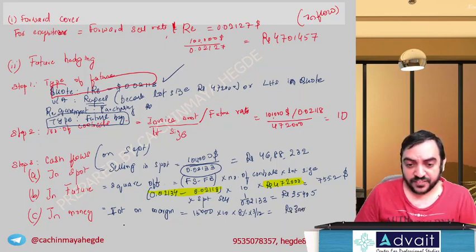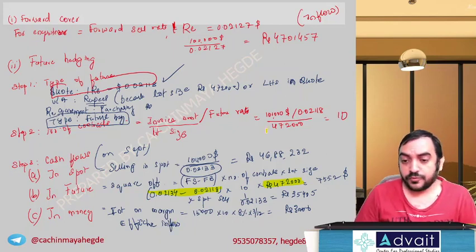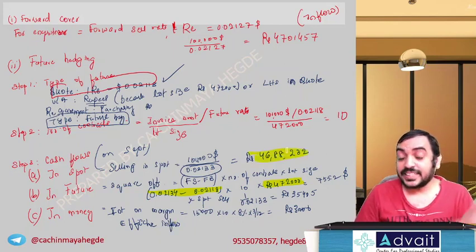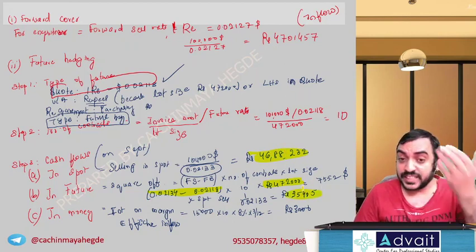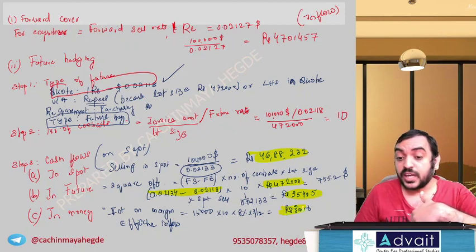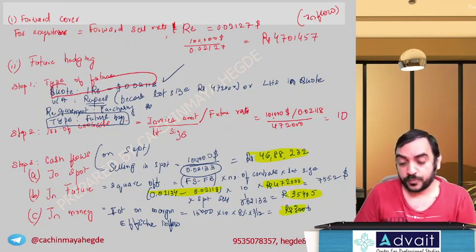Okay. So what is the effective inflow? This is exporter effective inflow. 4688 232 is inflow. 35,405 is inflow because profit, if it is loss, outflow, but 3,000 is outflow. Interest on margin is always an expense, outflow.